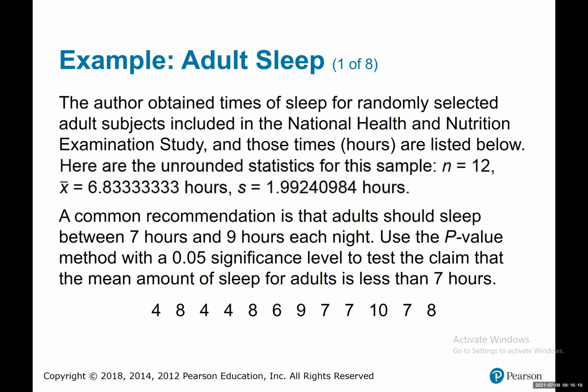Here are the unrounded statistics for this sample: n equals 12, x bar equals 6.83 hours, s equals 1.99 to 4 hours. A common recommendation is that adults sleep between 7 and 9 hours each night. Use a p-value method with a 0.05 significance level to test the claim that the mean amount of sleep for adults is less than 7 hours.